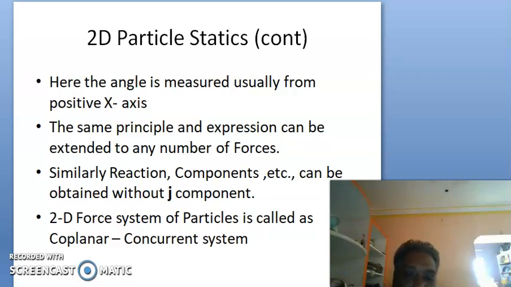In a 2D force system of particles, we call them a coplanar concurrent system. When it is particles, it is a concurrent system. When it is 2D, it is a coplanar system. So a 2D study on particles, we call it a coplanar concurrent system.